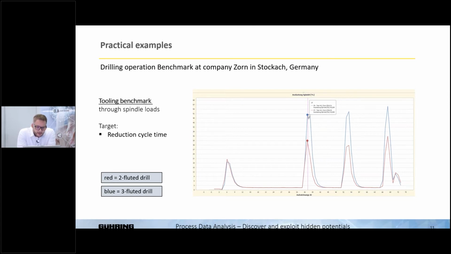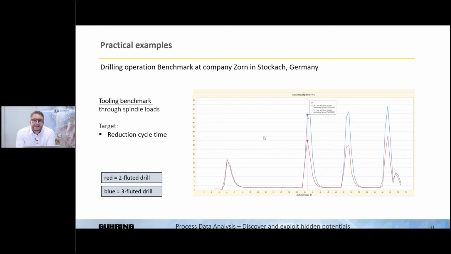And we were all excited because the spindle load was just 50%. What we expected at the beginning, and what we were all afraid of, is that we would overload the spindle, but we could show in an easy way after a few holes that we will not overload the spindle. So this made it possible for us to optimize the cycle time.